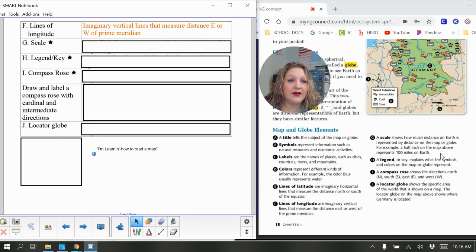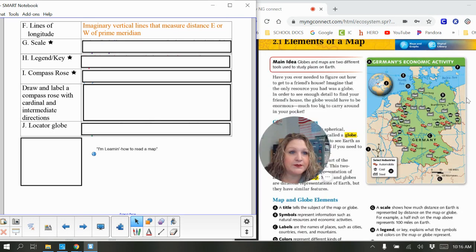So over here on this map, F, we see over here, and there's more than one line of latitude and more than one line of longitude, but this is just pointing it out for you to see on this map. So here's F, and if you follow my arrow all the way down, that's our line of longitude. And there's another one right here. It goes all the way down.